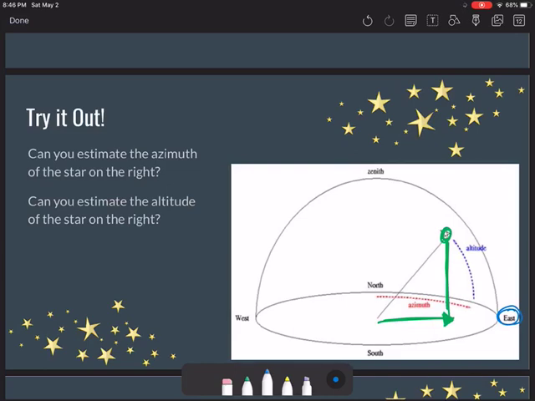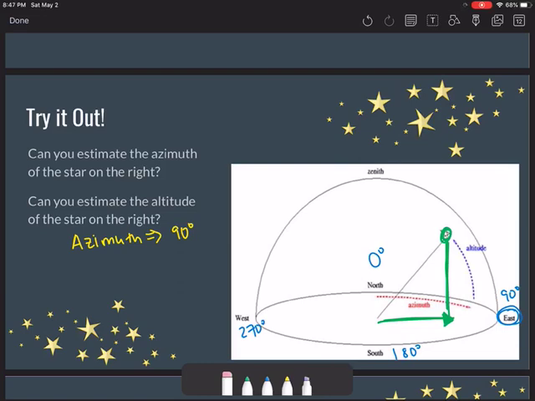If I say north is 0, east is 90, south is 180, west is 270, my azimuth would be recorded as 90 degrees because that represents east.